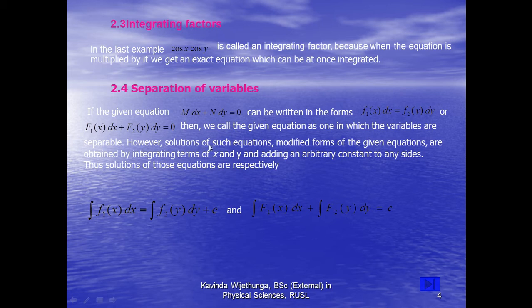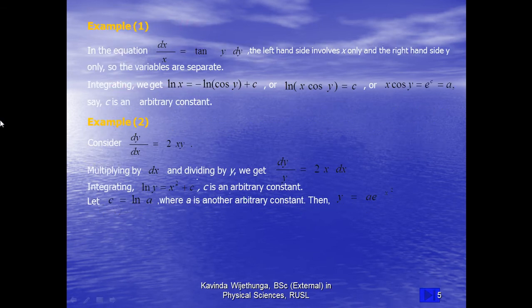The solution of these equations is obtained by integrating the terms in x and y and adding an arbitrary constant to either side. Thus the solutions of those equations are respectively like this. We will try to understand this through an example.